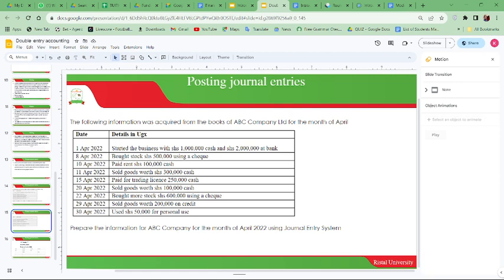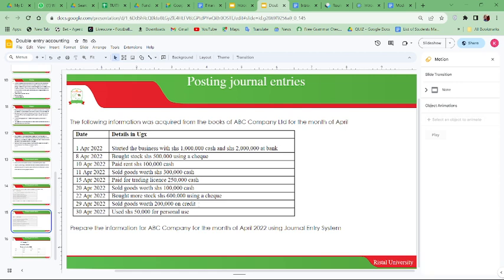We have the stock account and the debtors account. Our stock is reducing and the debtors are increasing, because those debtors are taking the goods of the company, and later on they will have to pay back.